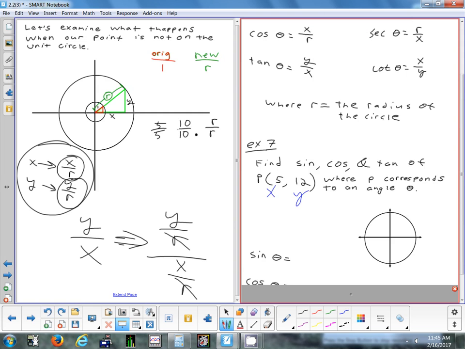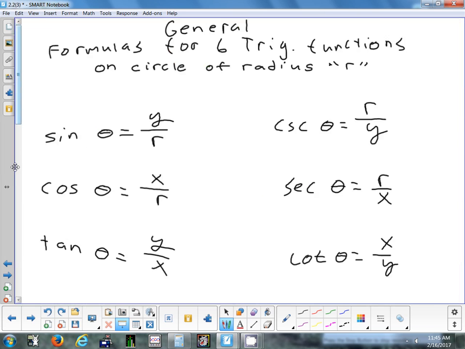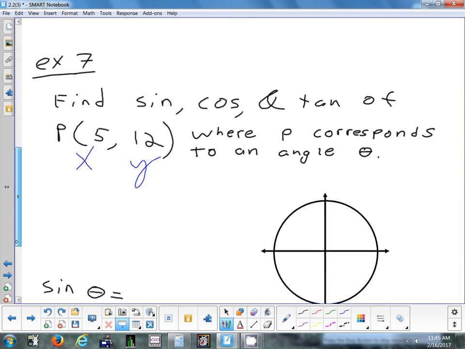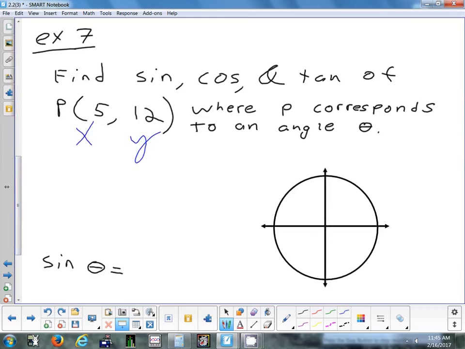Okay, so let me make that a little bigger. And let me draw that point on the circle, okay, roughly. Right 5, up 12. Okay, so just estimate it, go right a little bit. Make it look like you went up more than you did right. So my goal is to figure out that.